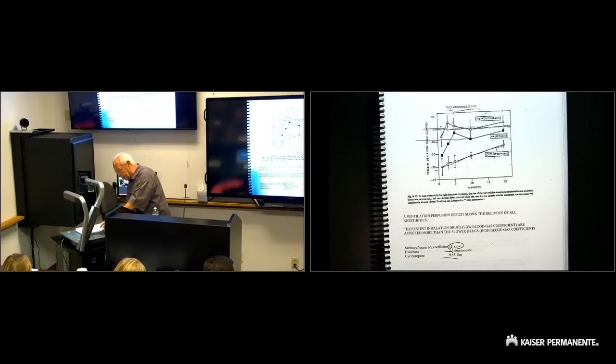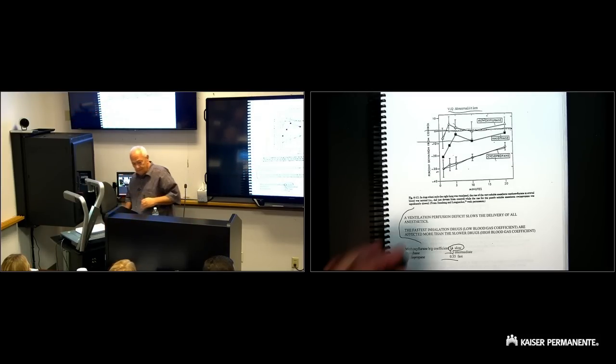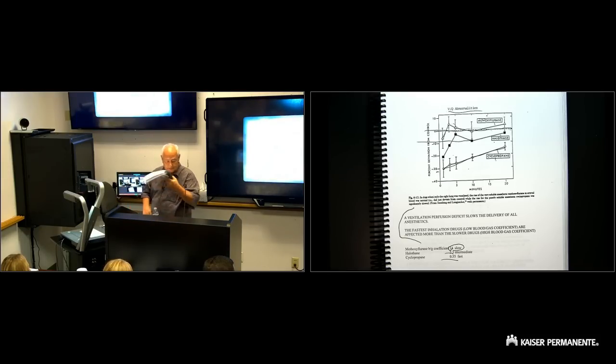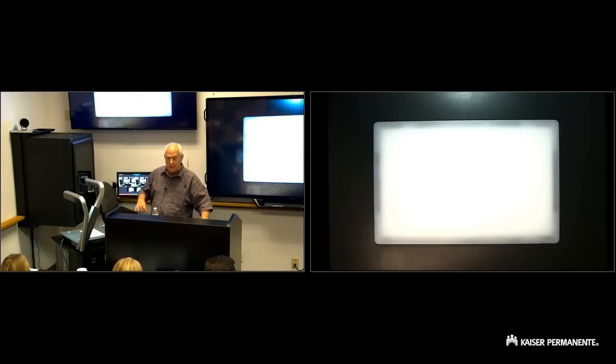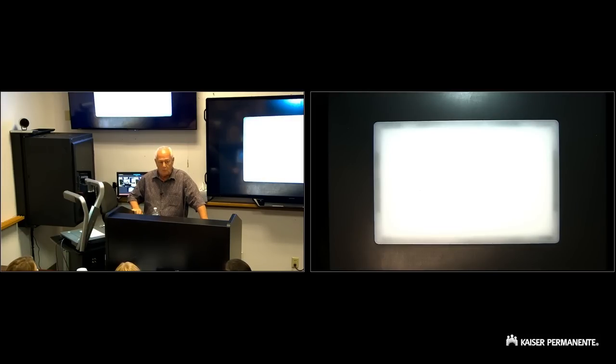So here's the punchline. Ventilation perfusion deficits slow down all anesthetics, but they slow down the fast ones more than the slow ones. I'll say it a different way. Ventilation perfusion deficits slow anesthesia. The more insoluble the drug, the lower the blood gas solubility, the more it's affected.